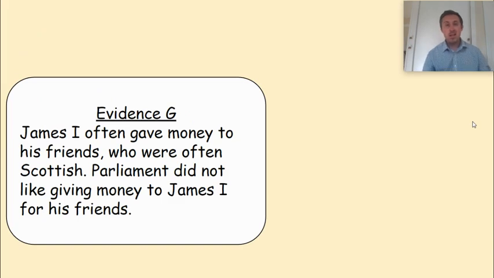Okay, next one. Evidence G. James I often gave money to his friends, who were often Scottish. Parliament did not like giving money to James I for his friends. Ooh, a bit more complex this. So is this Charles I's fault, or is he unlucky?